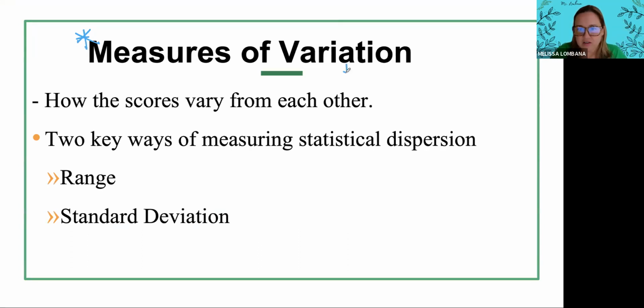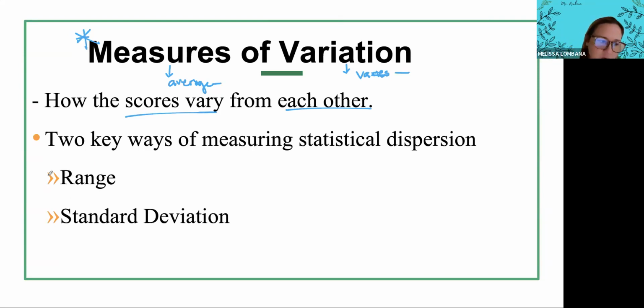Stats of variation is basically how my data is going to vary. More specifically, how my average varies amongst the other data scores. It's how the scores vary from each other. That's it. When you see variation, think: how does the data vary?